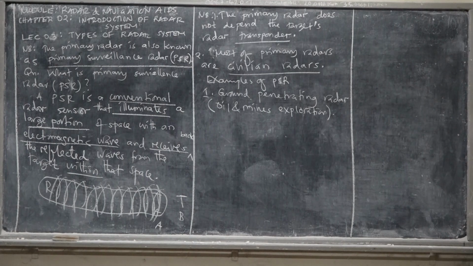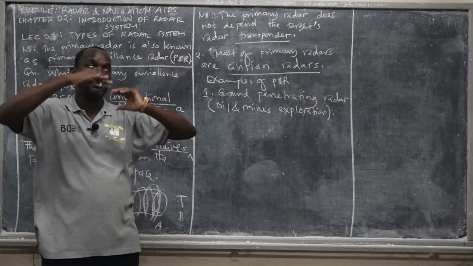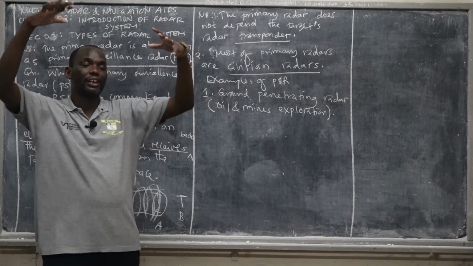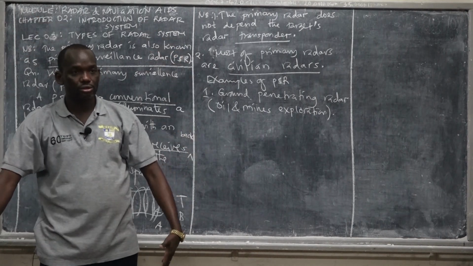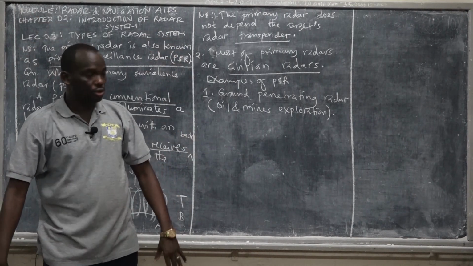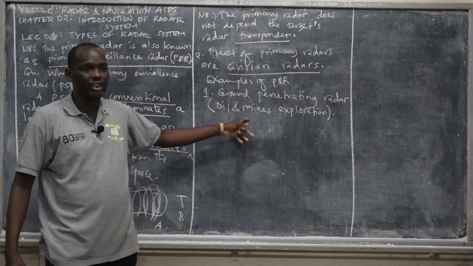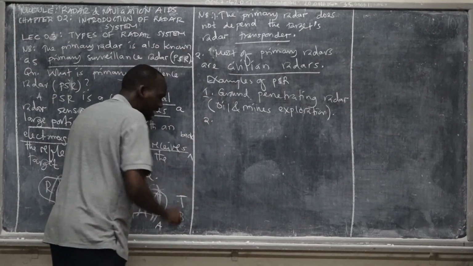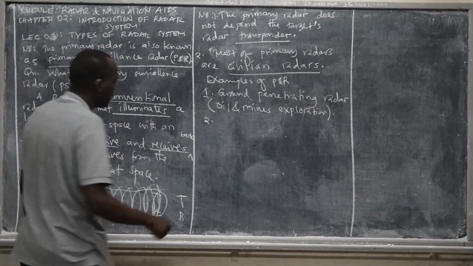Sometimes these ground penetrating radars can be embedded within an aircraft, such as a helicopter, and that radar sends radio waves into the ground. The target in this case will be maybe the oil or the mines. Are we together?